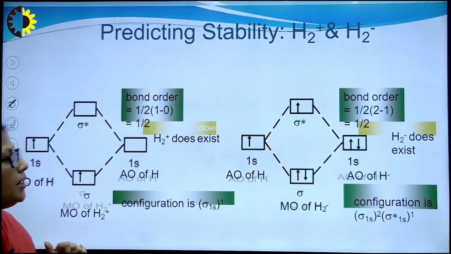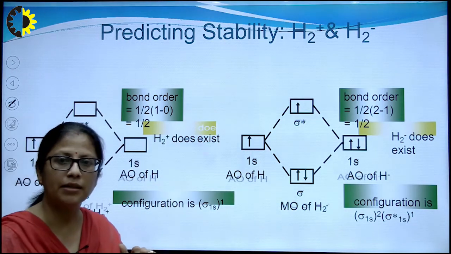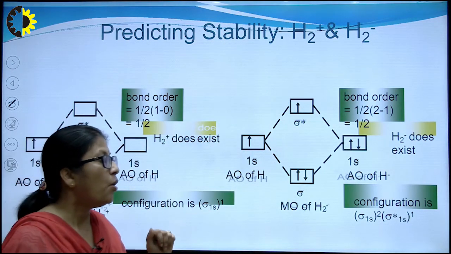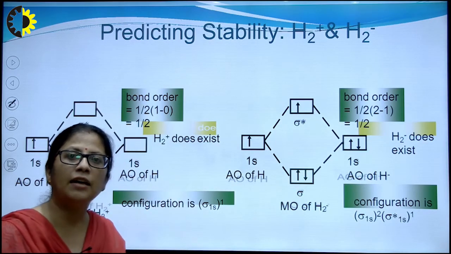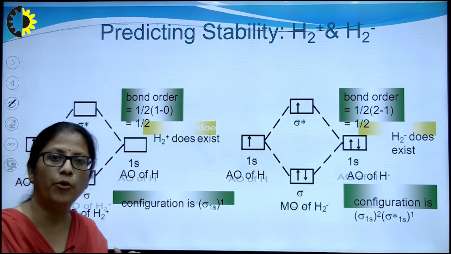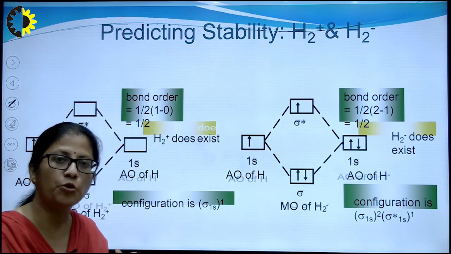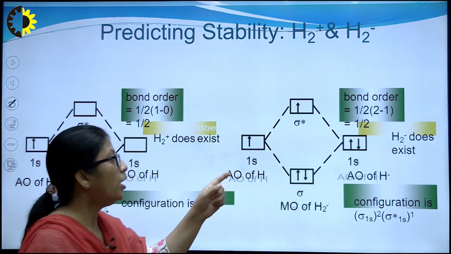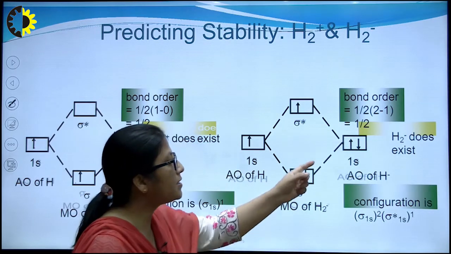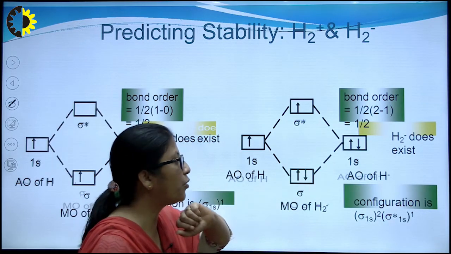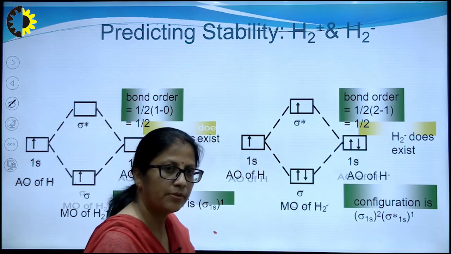Similarly, predicting the stability of H2 minus: in this case, out of the two, one atomic orbital will have one electron more in comparison to the hydrogen molecule. So, this atom has 1s1 electron, whereas the other atom of hydrogen has 2 electrons.